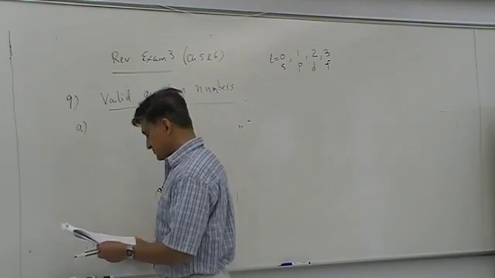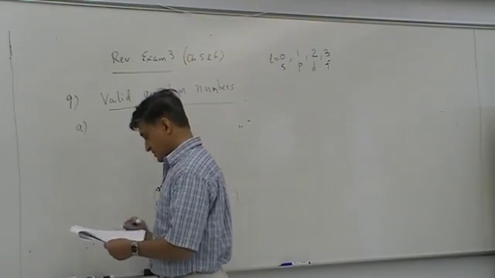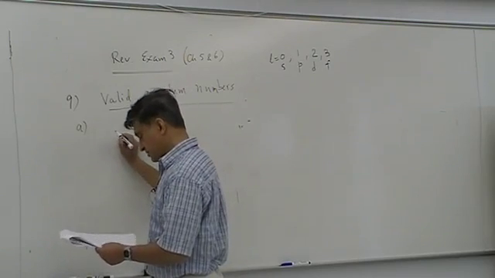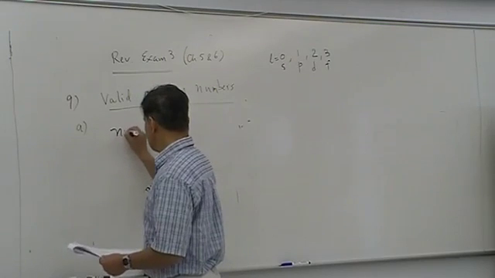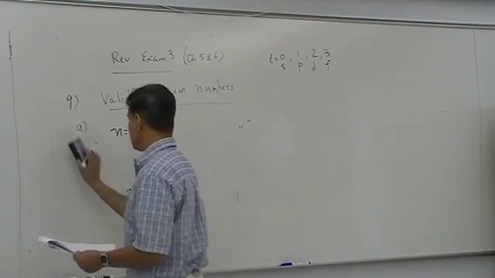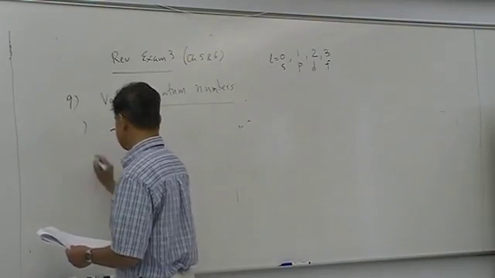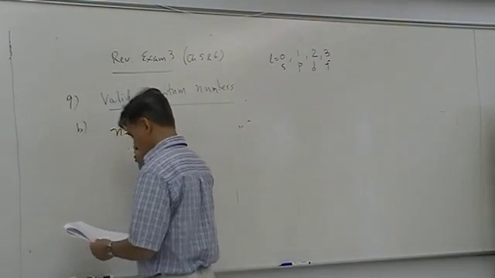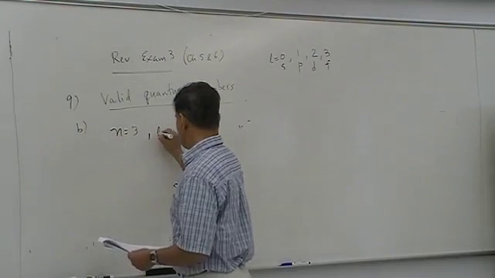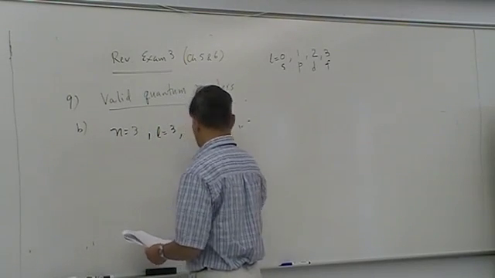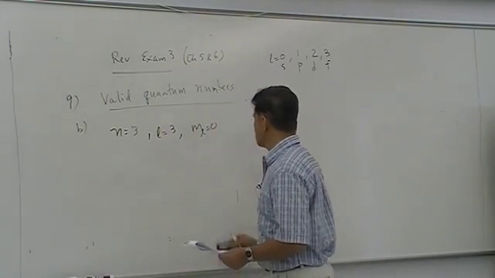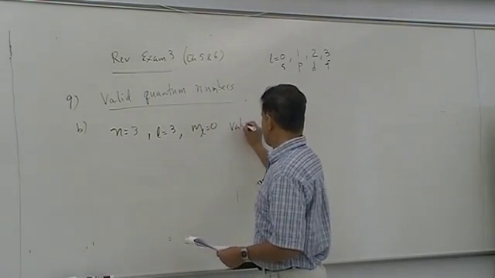This time, rather than identifying F or P, I'm going to write down these values and see whether you can understand whether it's right or wrong. N equals 3, L equals 3, ML equals 0. The question is, are these 3 numbers valid?